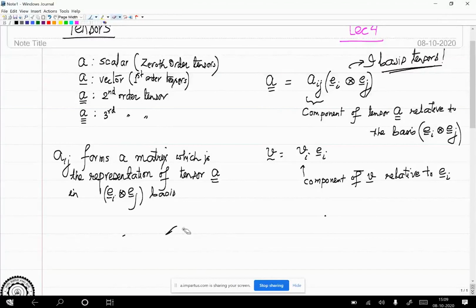Sometimes they also say that it is the representation in the e1, e2, e3 coordinate system.